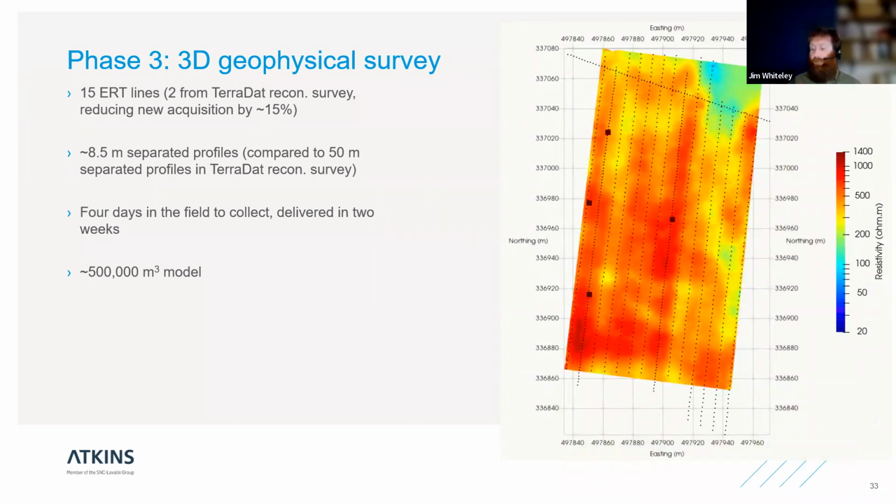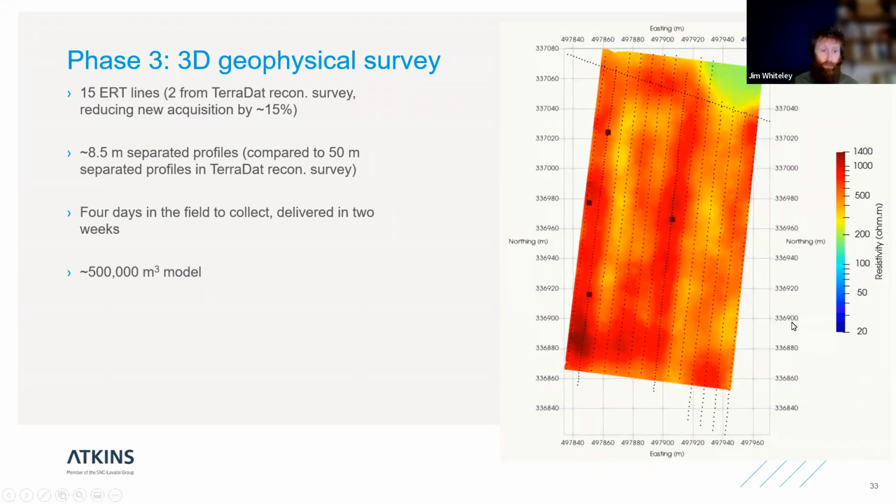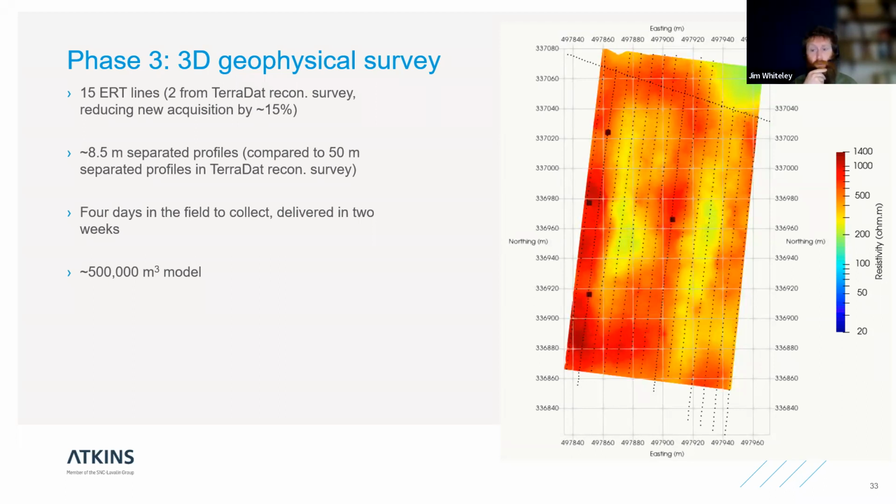And I think what's really interesting is that the four boreholes, which are represented here by these four dark squares, which are the same ones that you saw on the last slide, actually the three in the south, just by complete coincidence, have drilled into what I would say are the resistivity maxima of this model. So where you have the highest resistivities at depth is where those boreholes are.